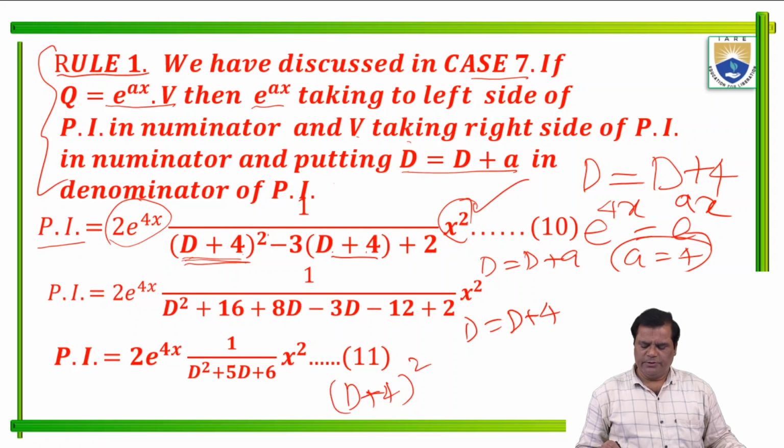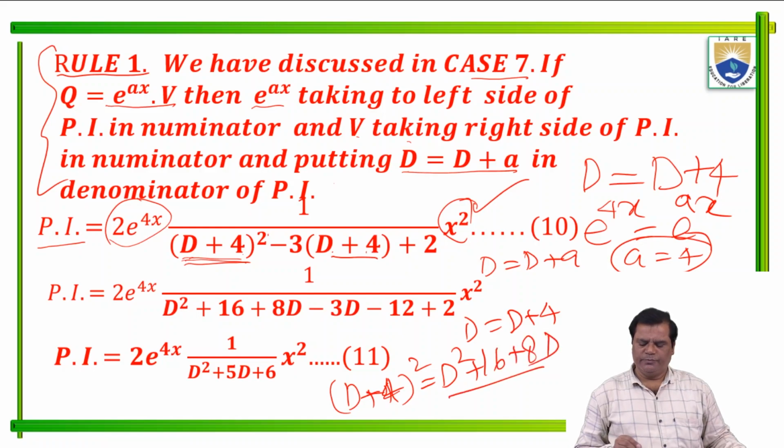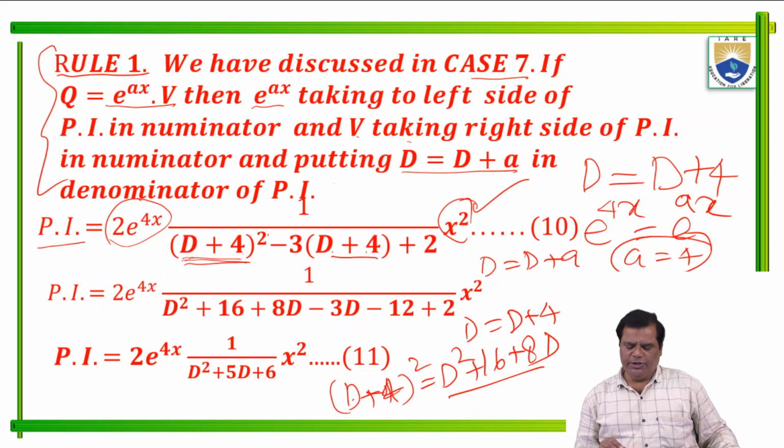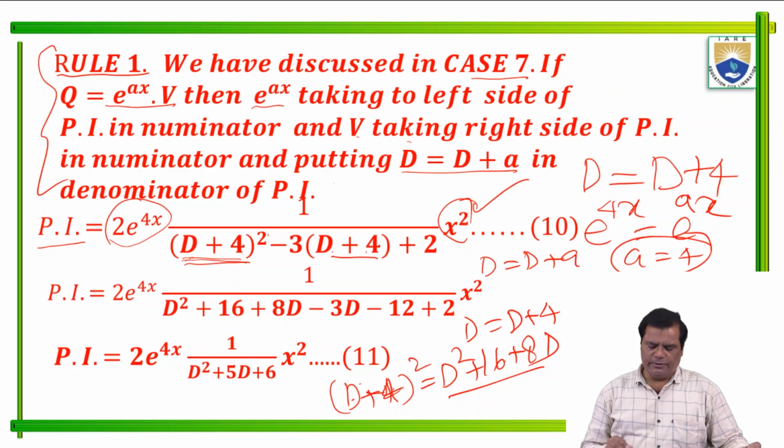Open this. D square plus 16 plus 8D, using a square plus b square plus 2ab. D square plus 4 square, 16, plus twice 4D, that is 8D. So expanding D square plus 16 plus 8D, multiply by minus 3: minus 3D minus 3 times 4, 12, plus 2.